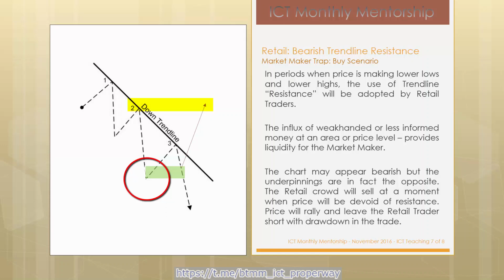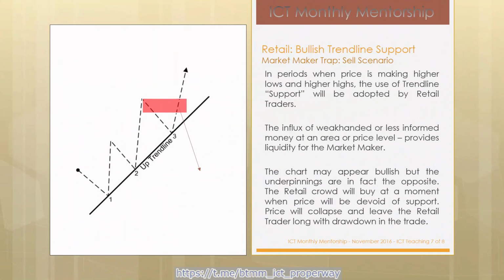When the market rallies, I'm actually going to be looking for a move up into that second high, because that's where a lot of the buy stops are going to be residing. The same thing said, just the opposite, when we're looking for that sell scenario in bullish trendline support. Retail is going to be looking for it to go higher. I'm looking for it to go down below point number 2. That's where everyone's stop loss is going to be.